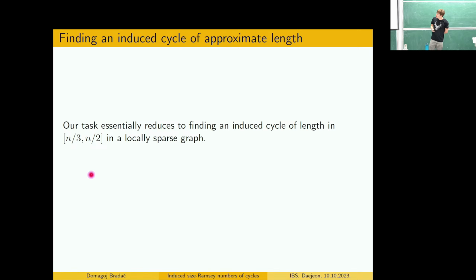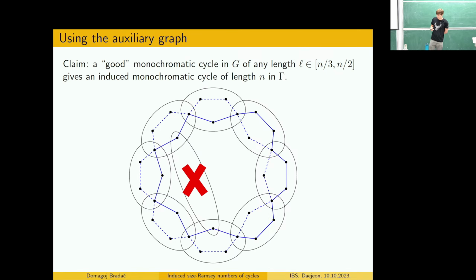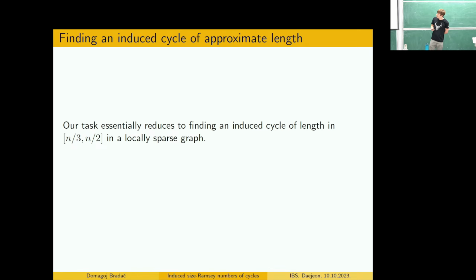And now I have this graph, I have some subgraph of this graph because I take the majority color. And I want to claim that in this graph I can find a cycle which looks like this. And I want to say that this is essentially the same as finding an induced cycle in a graph with local sparsity.